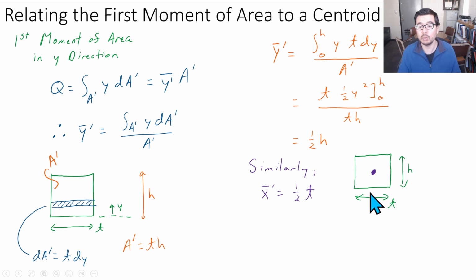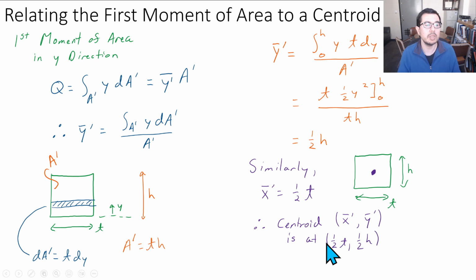That's also intuitive. So we've used this version of Q over A prime to say, this is how you calculate the centroid, and this is where the centroid would be.